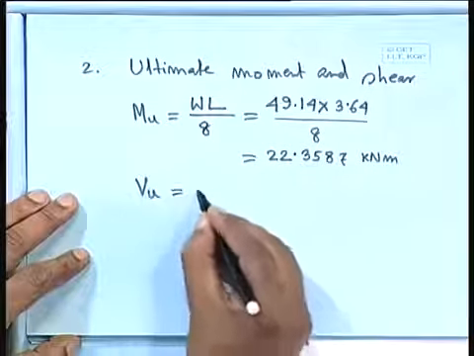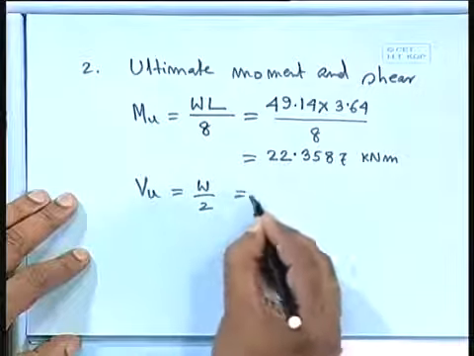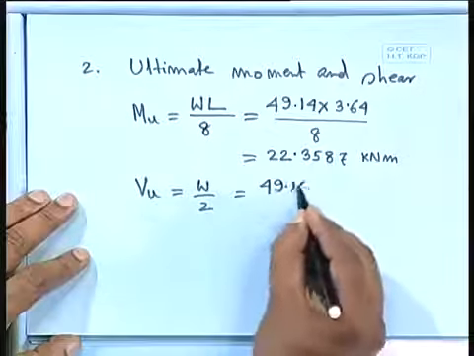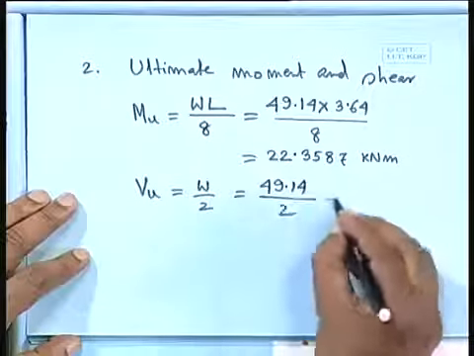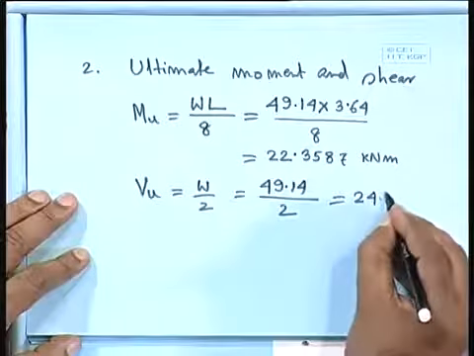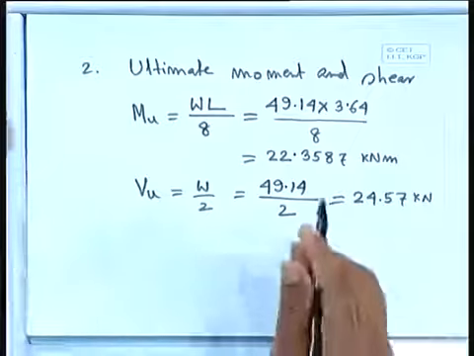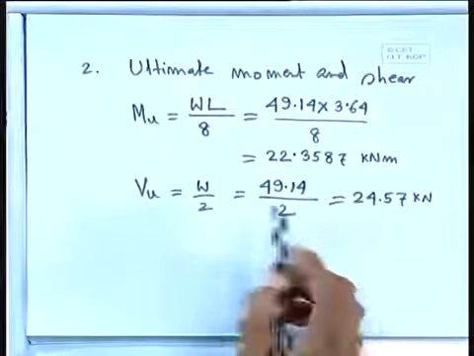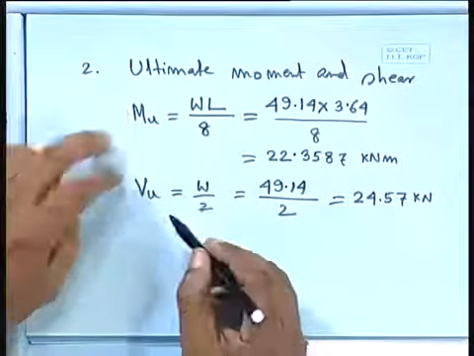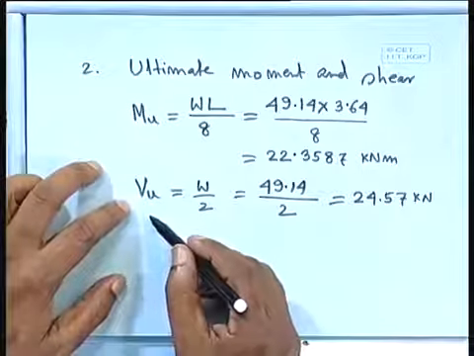VU is equal to W by 2, equals 49.14 divided by 2, equals 24.57 kilonewton. So, this is your MU and the other one is VU.